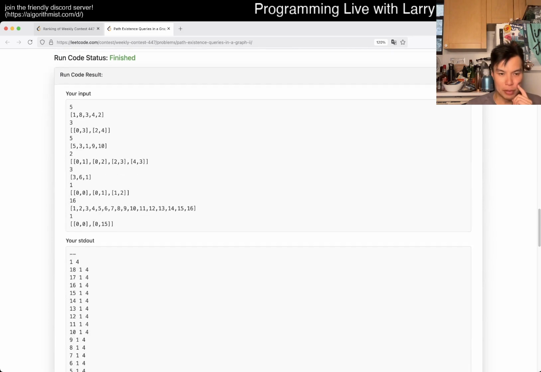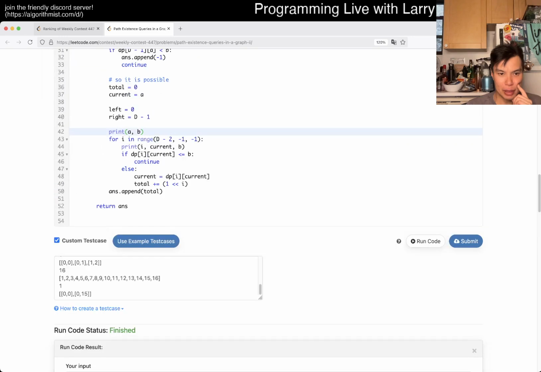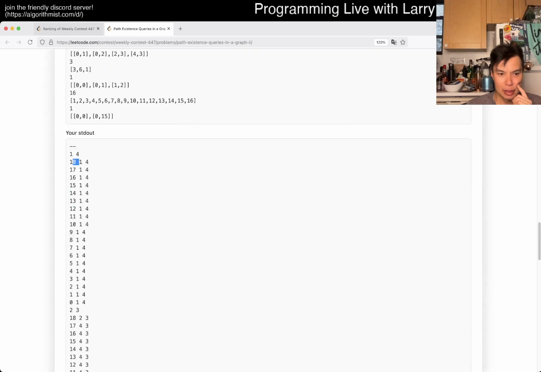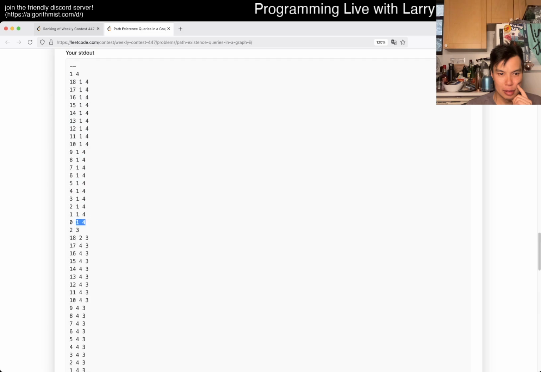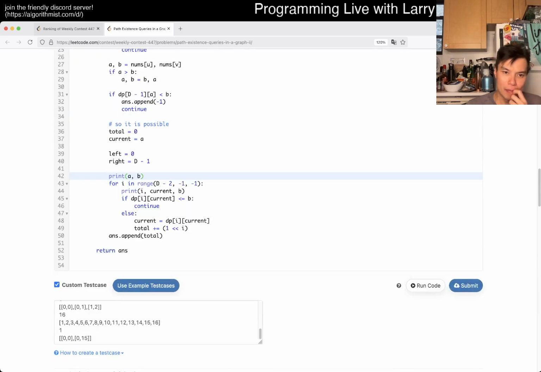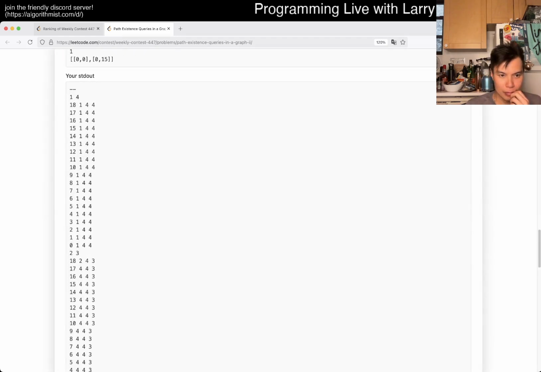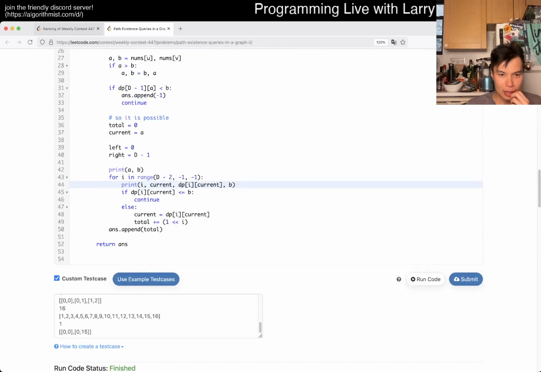Which is one move, 18, current B, so 0. TPI current. It's 4, meaning that it's in the first half.